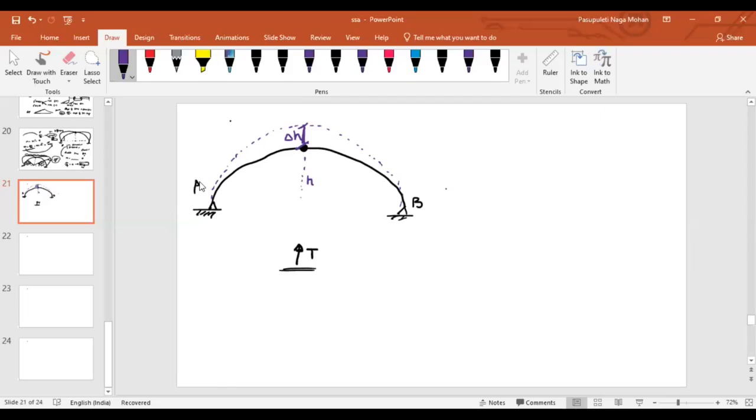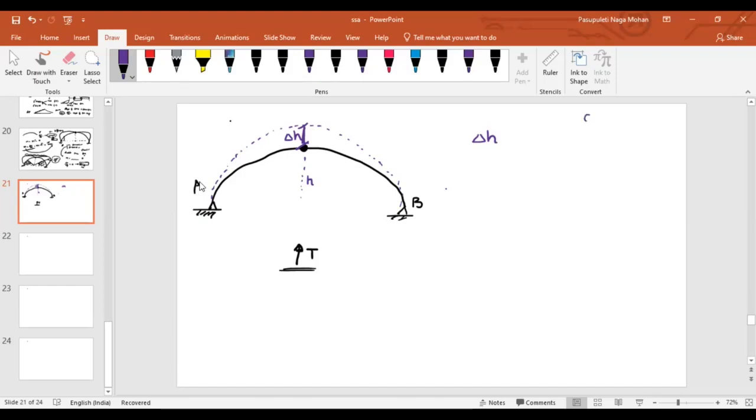Now, what is our next task? The first task is to find out how much rise might happen, isn't it? In general, how will you find out the rise, the change in length because of the rise in temperature?